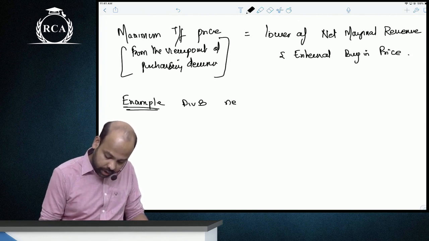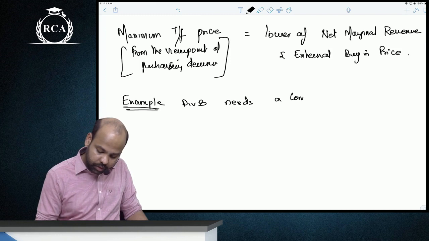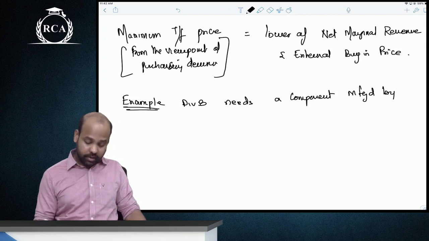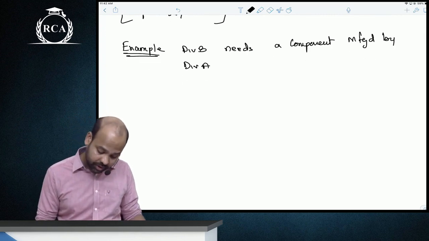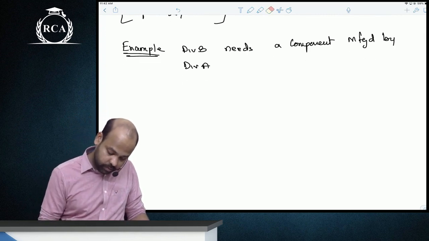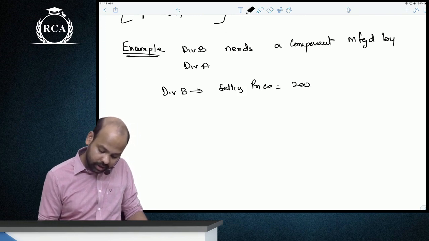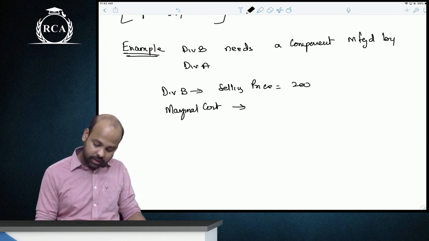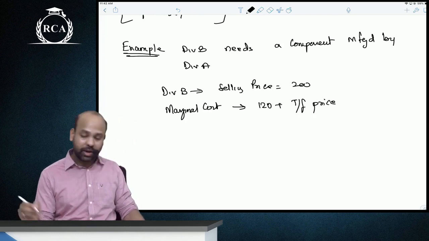Division B needs a component manufactured by Division A. Division B's selling price is say 200 rupees, and their marginal cost, say they will have to incur 120 rupees plus the transfer price, whatever it is for component A.